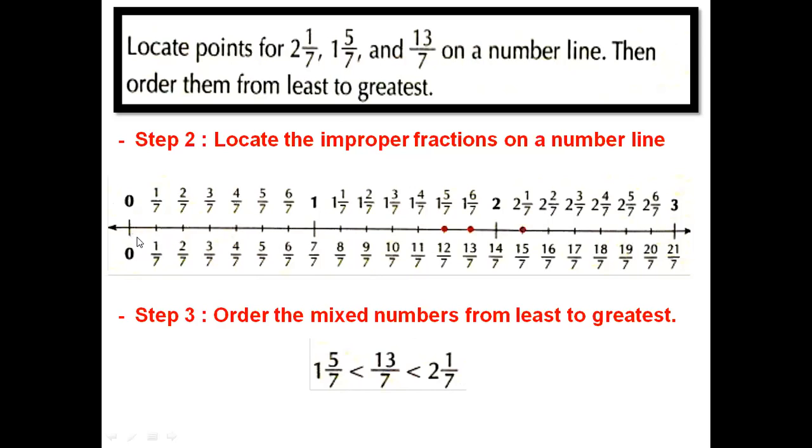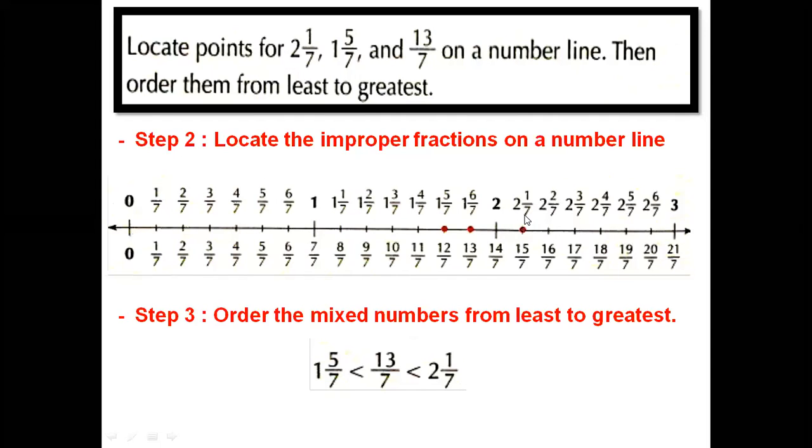Look here at the screen, how am I counting? 1, 2, 3, 4, 5, 6, 7, keep going, 8, 9, 10, 11, 12, 13 out of 7. 1 and 5 over 7 is the one that we changed already to 12 over 7. And the 2 and 1 over 7, we changed already to 15 over 7. So you can write the numbers down or you can write the numbers up. It's your choice. You can write them both.